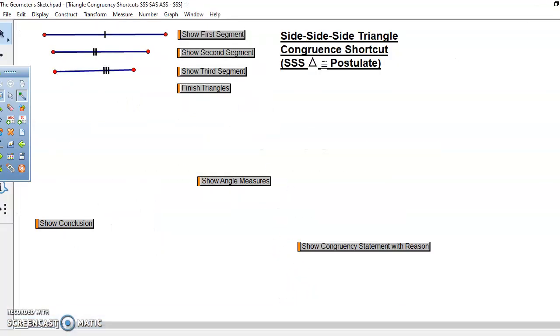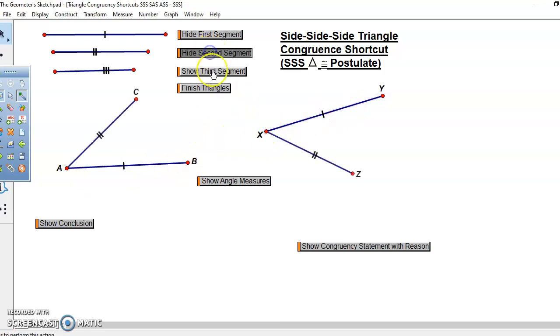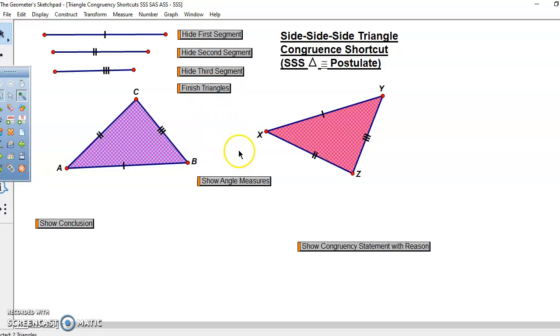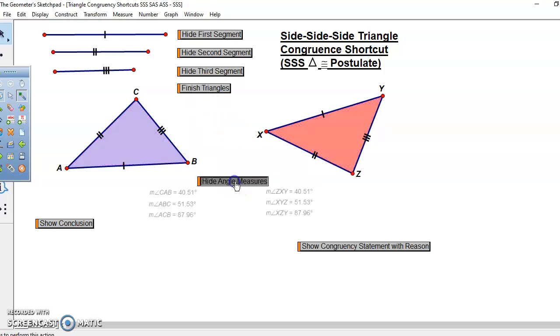And I have a little sketch here that kind of illustrates this a little bit better. If I have this first segment laid out, and then I have the second segment laid out, these are congruent, and then those are congruent. Third ones, if you have 3 sides, there's only one way to form the triangle. It may be twisted or it may be flipped, but these 2 triangles are the exact same triangles, and you know that by seeing all of the measures.